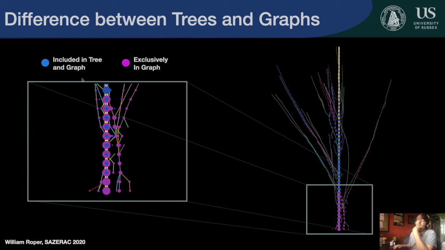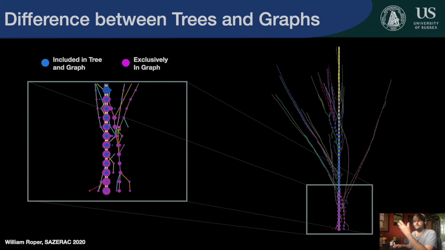And I include this just to highlight this bottom region. So here in this schematic, we've got blue halos, so these scatter points in blue, which are the halos that would be identified to be in the tree, and only the tree for this particular halo at the present day. And then the magenta points are halos which are included in the graph.